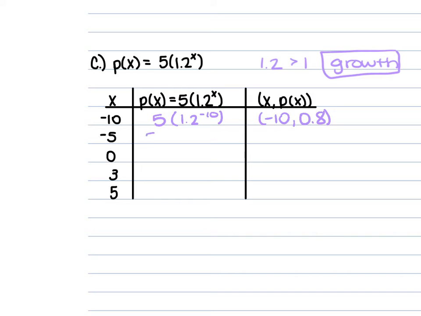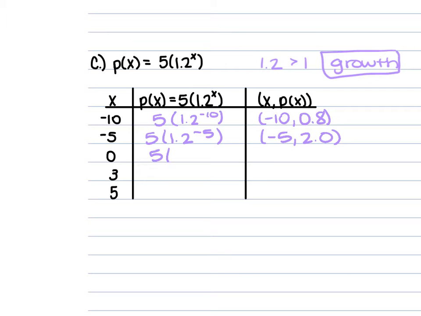For negative 5, 5 times 1.2 to the power of negative 5 gives us 2.0, so that's negative 5, 2.0.